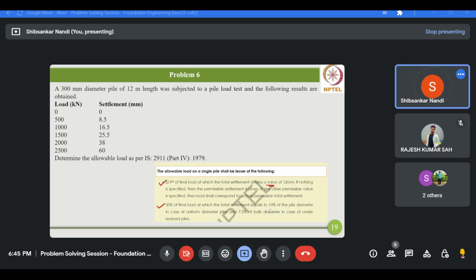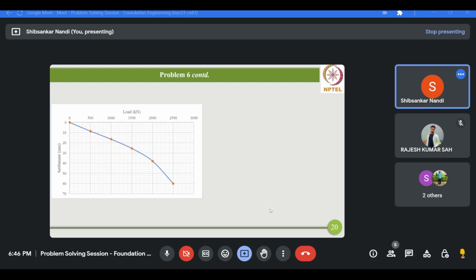Okay, so I think it's fine for determining the allowable load of the given pile based on the load settlement data obtained from the pile load test. Now here I have plotted the load versus settlement data given in this problem.